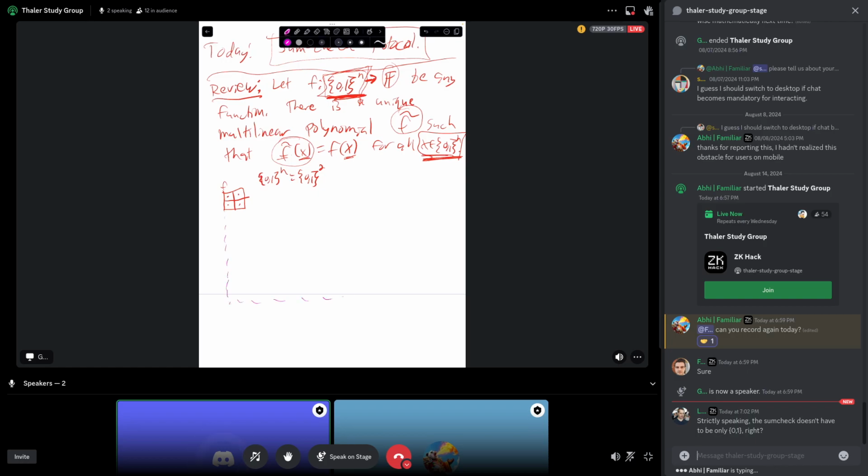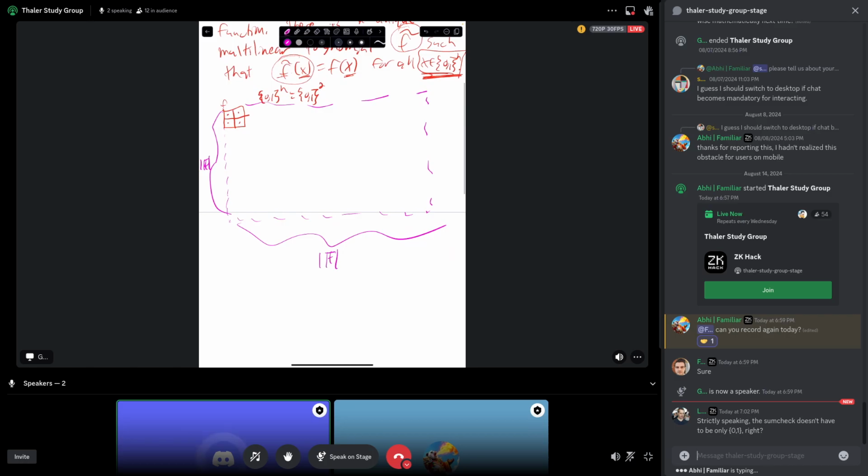So there's a row for every field element and a column for every field element. So the multilinear extension is a much bigger object in terms of its domain than f itself. But of course, if you tell me f, you've also effectively told me the multilinear extension.